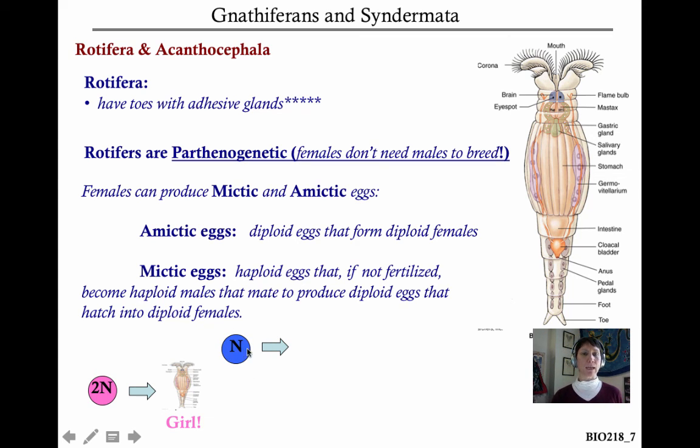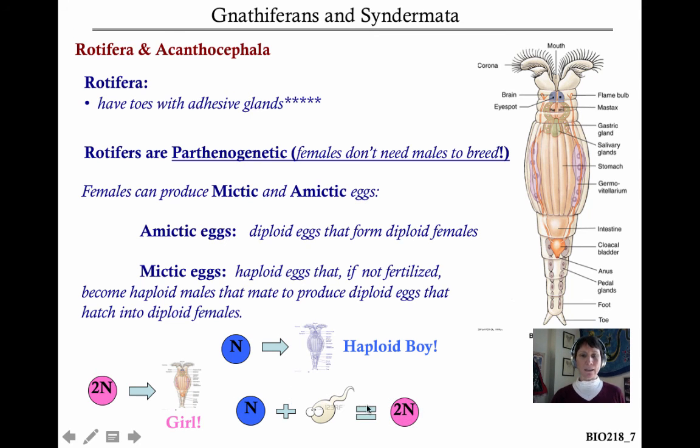haploid egg, and sometimes they can do this, if you produce haploid eggs and that's not fertilized, that's going to make a haploid boy. Okay? But if the egg is fertilized, so if a haploid egg, a mictic egg, and they have a mix of mictic and amictic eggs. I probably should have said that at the beginning. They have a mix of mictic and amictic eggs.